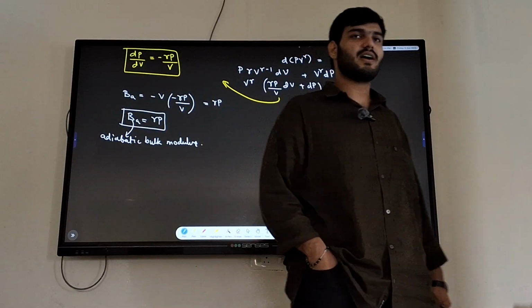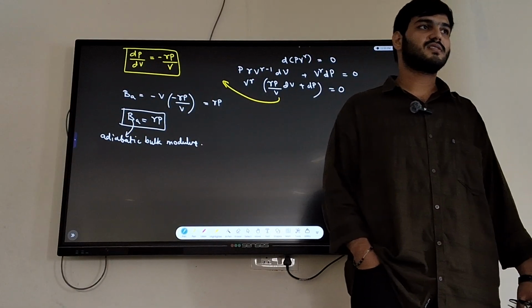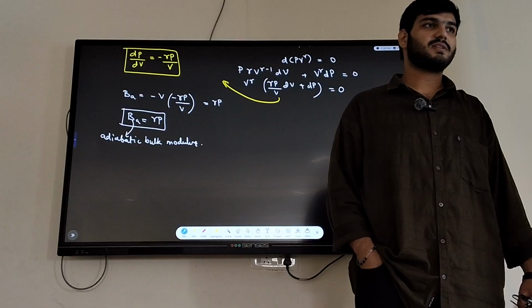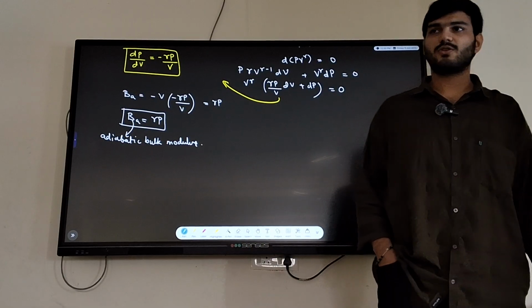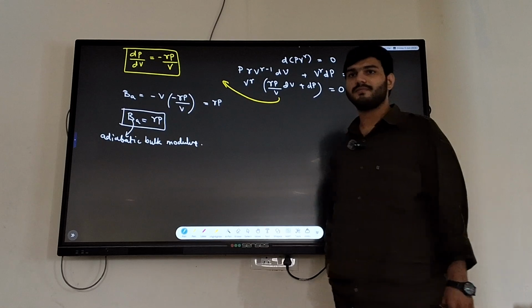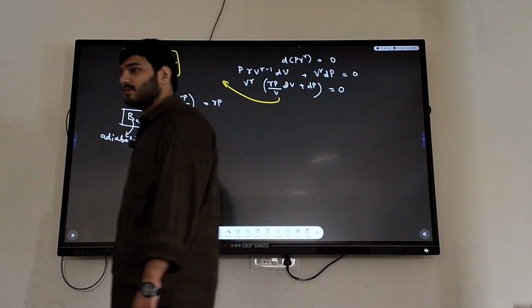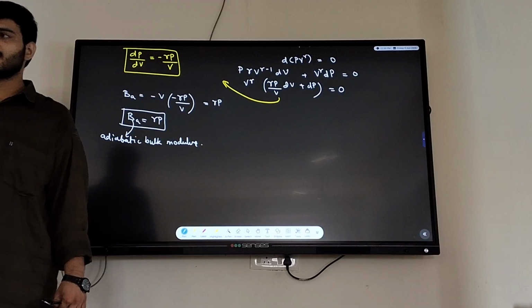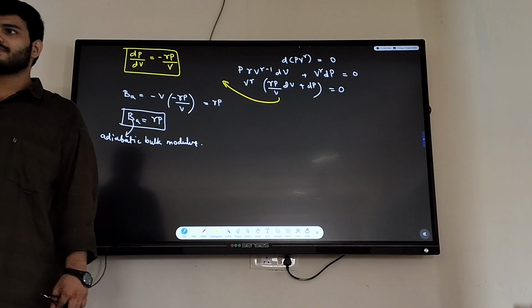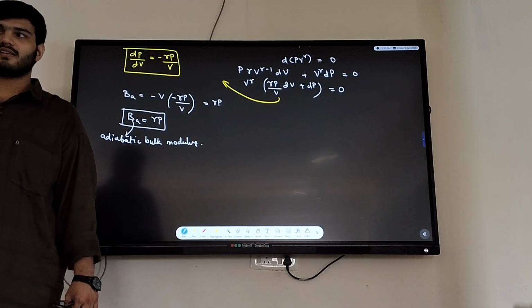What is dP for an isobaric process? I have asked 4 times already. It will be 0, right? 0. Then what will the bulk modulus be equal to? 0. Then what will the speed of the sound wave be? 0. Does it make sense? No. It is not isobaric.